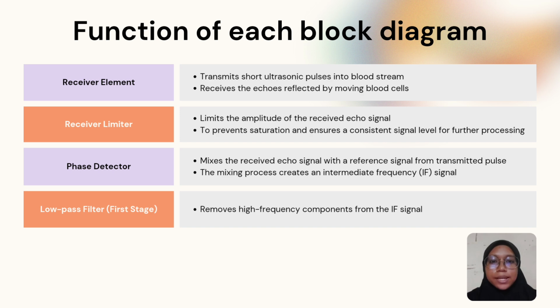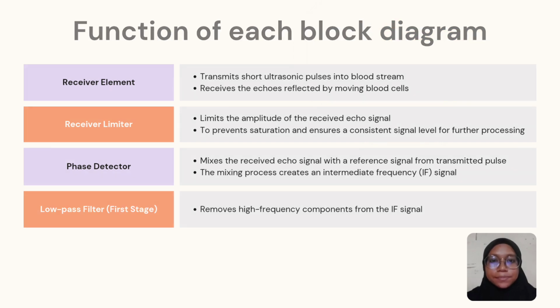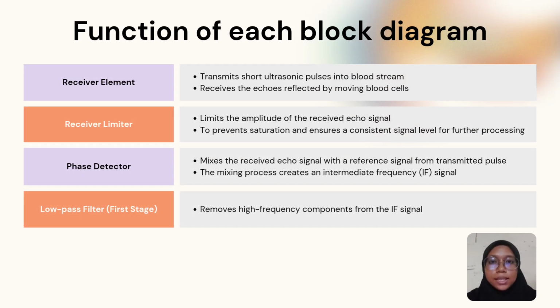A receiver element acts as a transducer, converting the electrical signal from the instrument into ultrasonic sound waves for transmission and vice versa. In a blood flow meter, it receives the returning echoes of the transmitted sound wave after they interact with blood cells. Second is the receiver limiter.